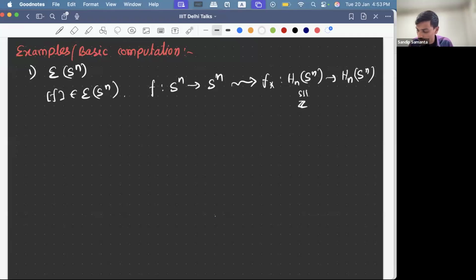I'm considering the homology group with respect to the coefficient Z only. Whenever I ignore the coefficient, it means the Z coefficient. Then f star, being a homomorphism from Z to Z, is determined by an integer. So for each f, the corresponding f star is determined by an integer, multiplication by some t.